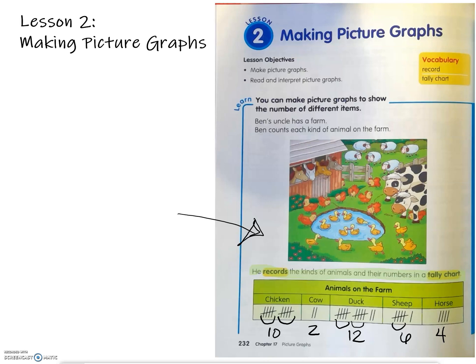I can start by thinking of what kind of symbol I would like to use for my graph. Let's say I want to use a square because squares are easy to draw. And I'm going to make my square count as 2 animals.